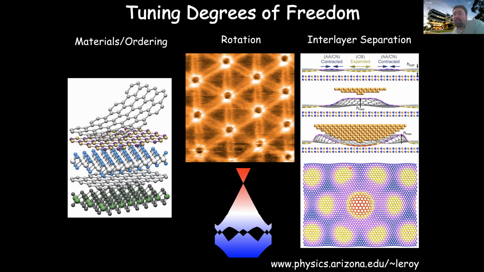Instead, you always have interaction-induced gaps. Yeah, I think that's correct. The bands are flat, they're very sensitive to interactions, and we've always observed a gap opening, and not any kind of touching of the bands. Okay, so that's for the magic angle ones. If you go away from the magic angle, then you do recover the Dirac cones.